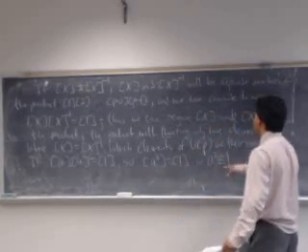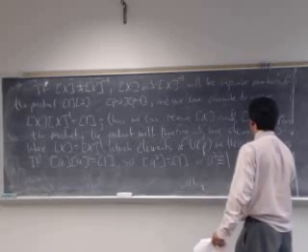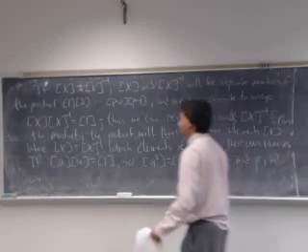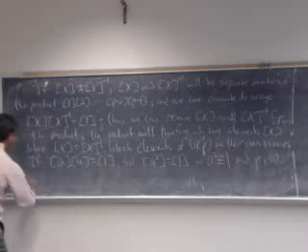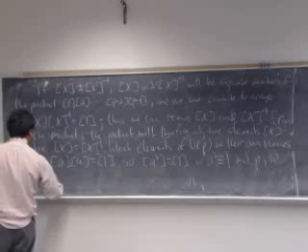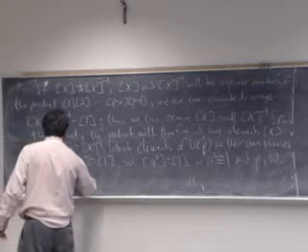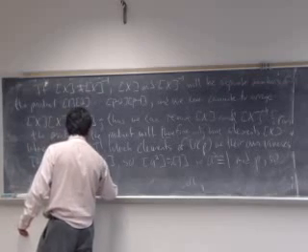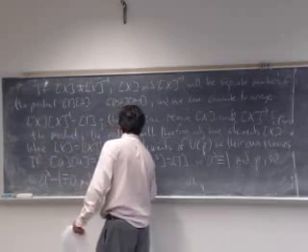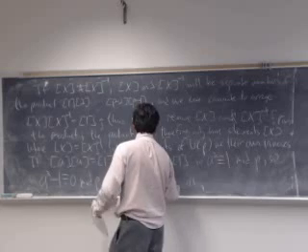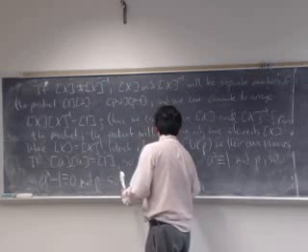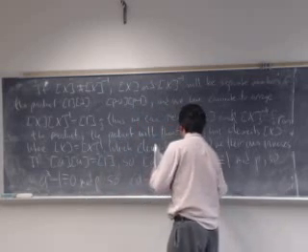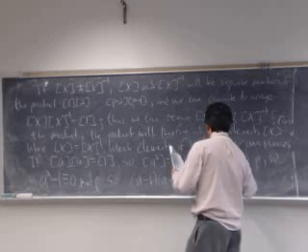That's the same thing as saying A squared is congruent to 1 mod P. So what does that tell us? Let's bring it over to the other side. A squared minus 1 has to be congruent to 0 mod P. So A minus 1 times A plus 1 has to be congruent to 0 mod P.